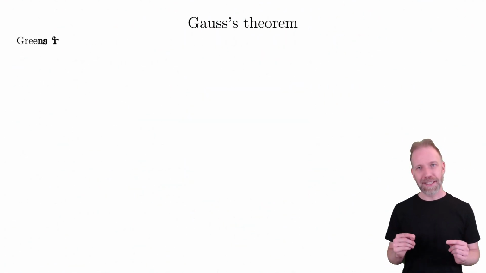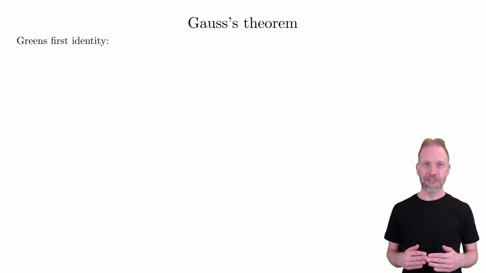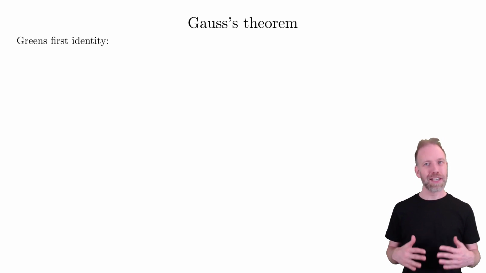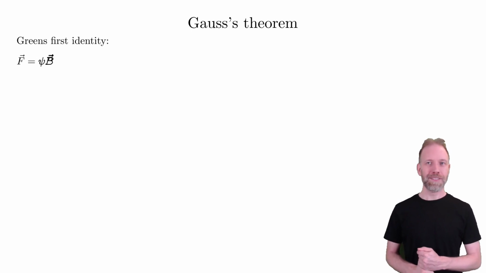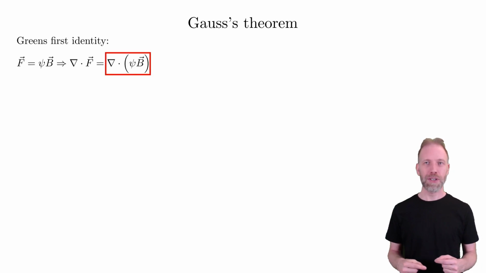I'm going to end this video by mentioning Green's first two identities, which are closely related to Gauss' theorem. First, assume that f is some scalar times b. Then take the divergence of f. We can now apply the product rule for differentiation.